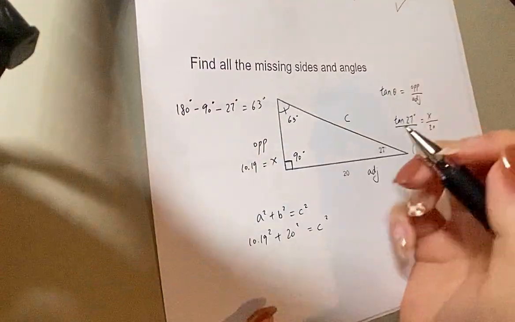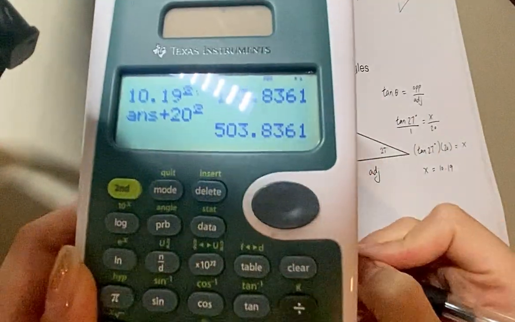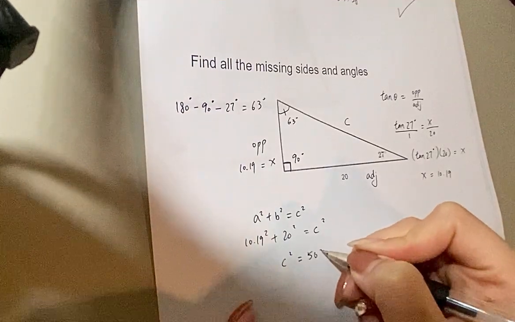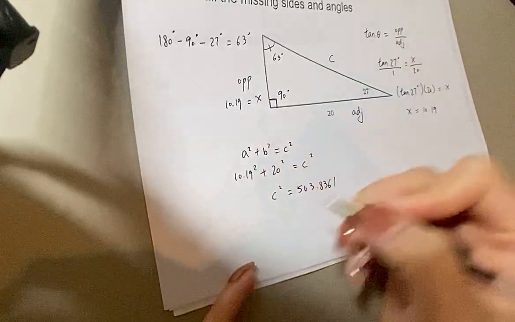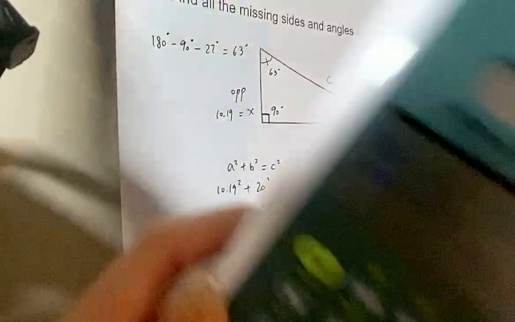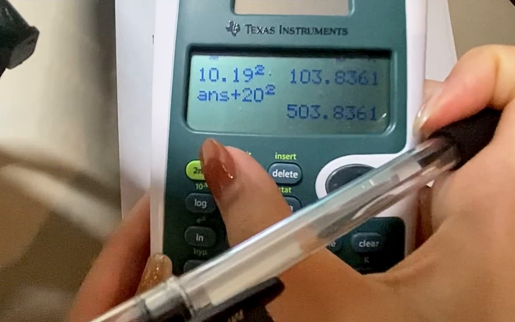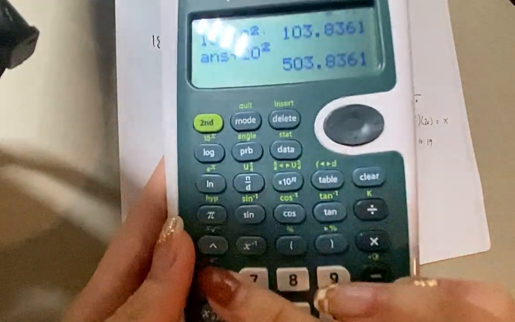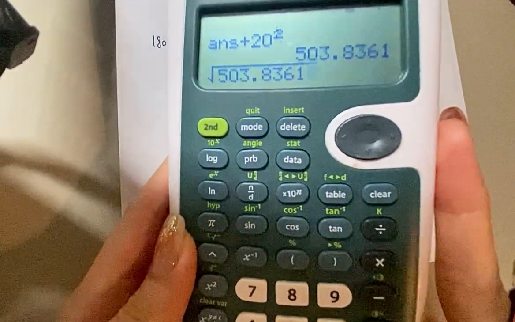And okay, so c squared equals this number, which is 503.8361. And we're trying to square root it. So c would be the square root of this number. So we can use the second and the square root command and get to this number.